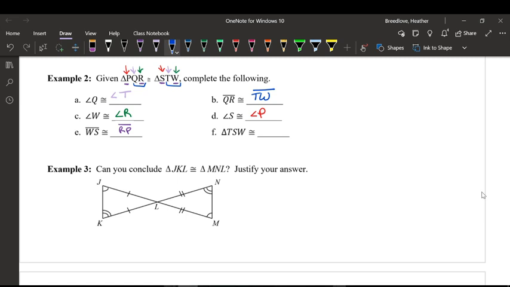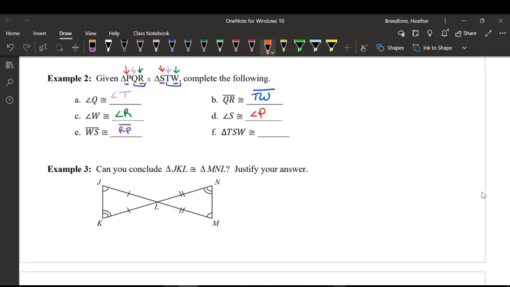And then a statement. Triangle TSW is congruent. Can I just write triangle PQR? Because it already says PQR is congruent to STW at the top. We're still talking about the same triangle. No, I can't. I have to match the order of the letters, even though I'm talking about the exact same triangle.